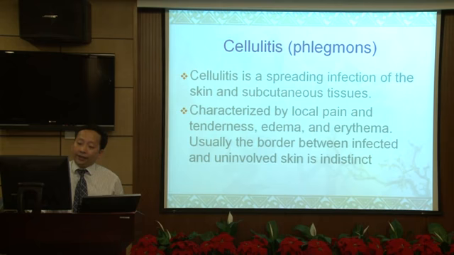Cellulitis is also called phlegmon. Cellulitis is a spreading infection of the skin and the subcutaneous tissue. The characteristics of cellulitis are local pain and tenderness, edema, and erythema. Usually, the border between infected and uninvolved skin is indistinct.